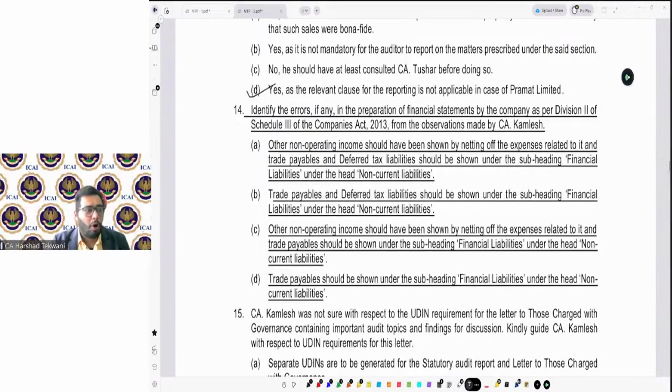Come on, guys. What would be the correct option here? What are the errors in the reporting that has been done?